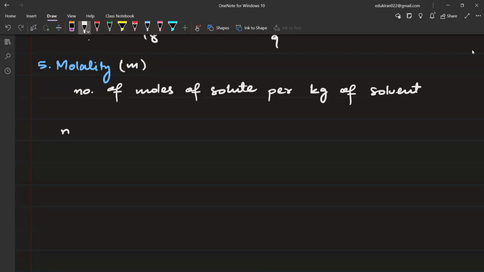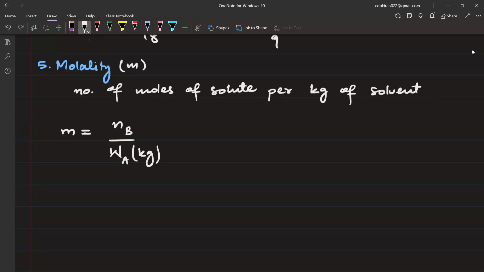Now, the formula will be: molality is equal to the number of moles of solute, that is nB, divided by the mass of solvent. Mass is represented by W, and for solvent we are going to write A. This mass of solvent, WA, will be in kg.